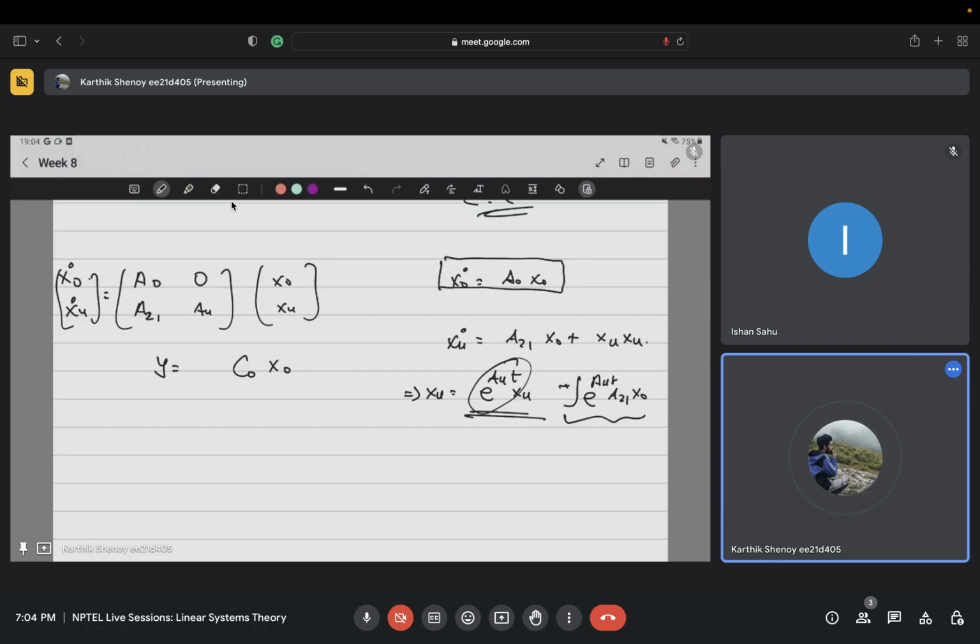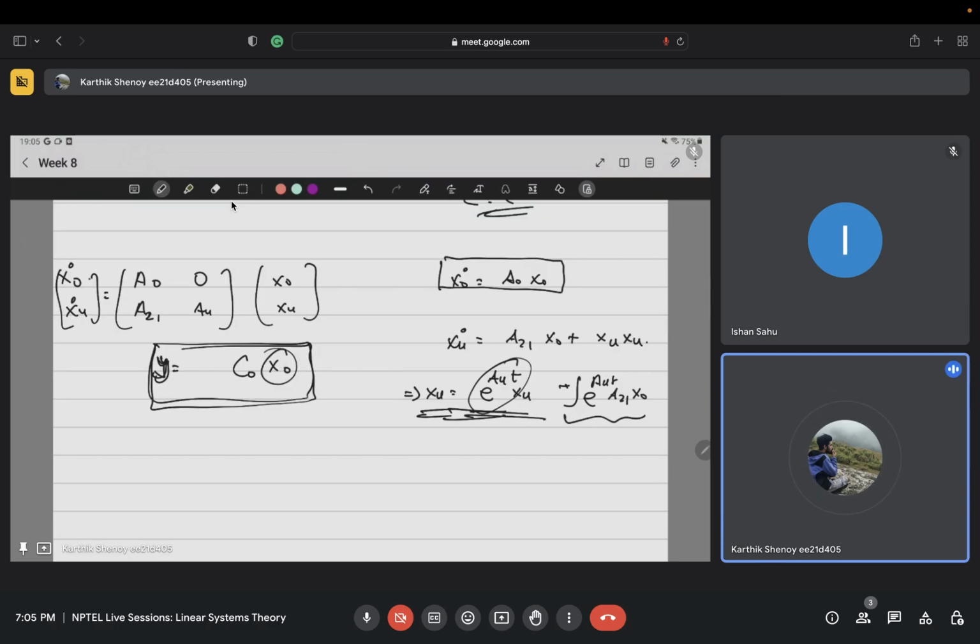Yeah, so this is your unobservable dynamics. Your unobservable dynamics can blow up, right? And you won't even realize that because it doesn't come inside your output. There can be some dynamics which blows up and you won't even know, and these dynamics can be coupled in some way to your observable dynamics.